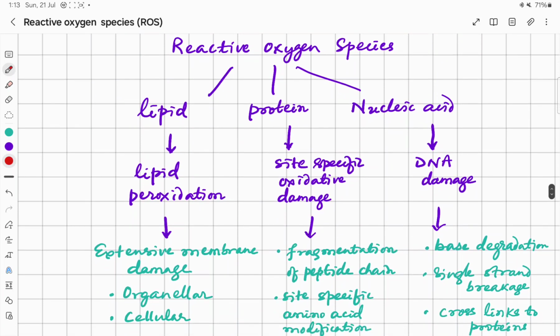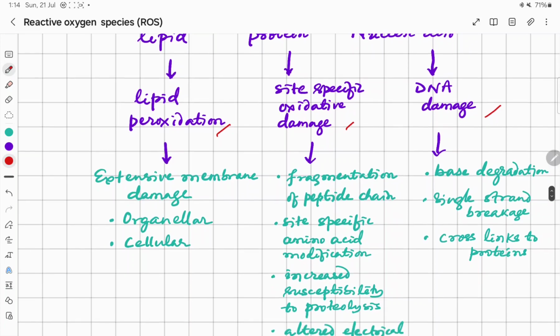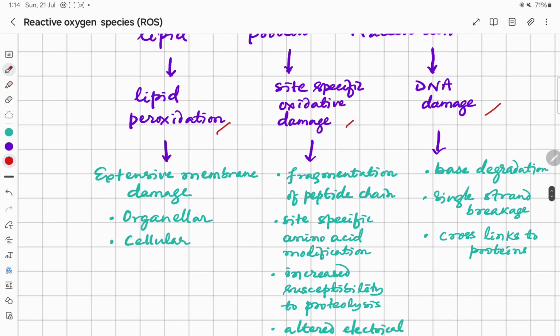So the reactive oxygen species can interact with lipid, protein and nucleic acid, and because of that there can be lipid peroxidation, site specific oxidative damage and DNA damage. Due to lipid peroxidation there will be extensive membrane damage, organellar and cellular.